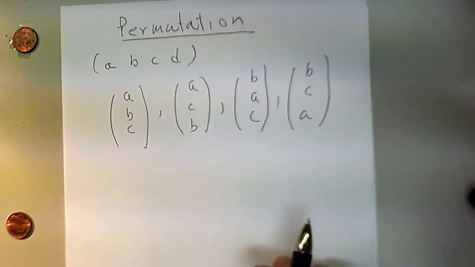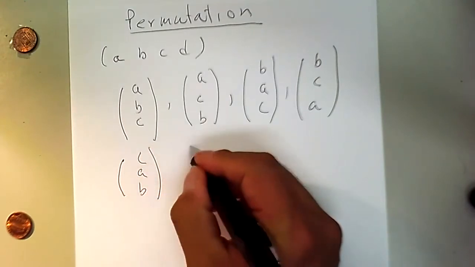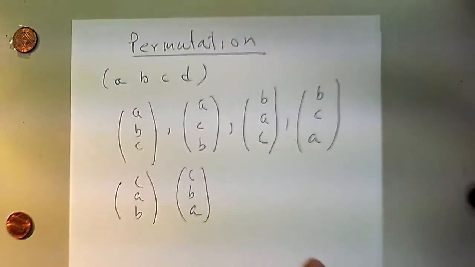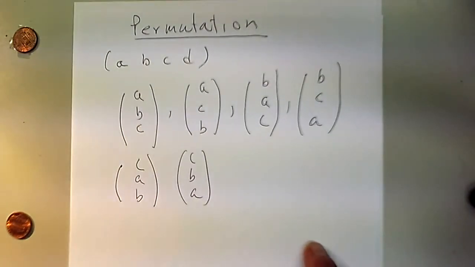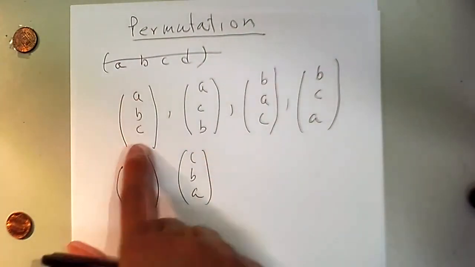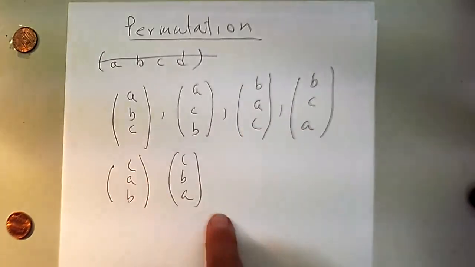And there are two more that I'm missing, C, A, B, and C, B, A. All of those are rearrangements, and all of those are permutations. Permutations of any of them, actually. You can start here and then permute them, and you end up with the other five.